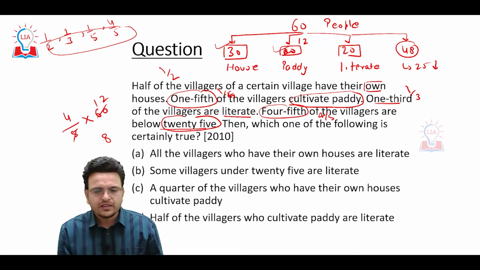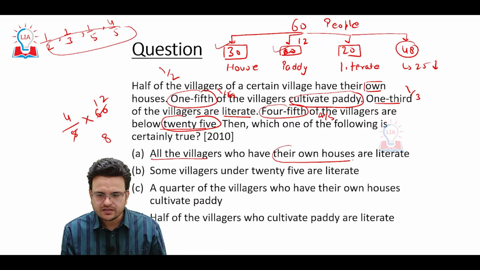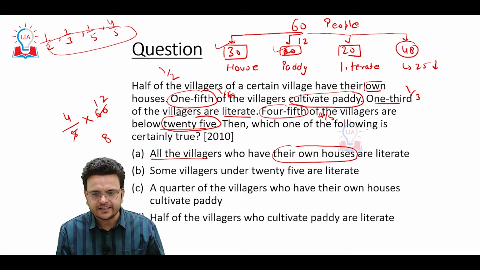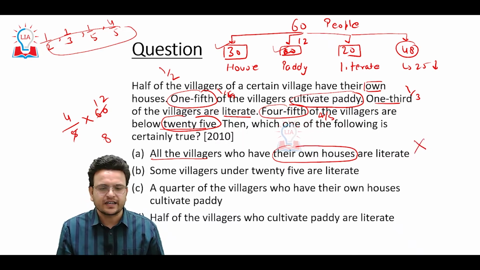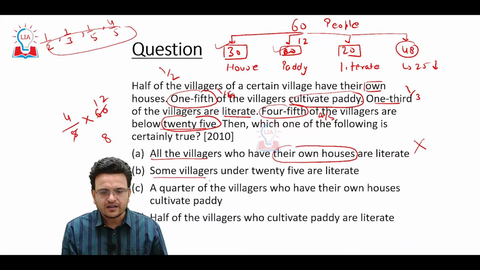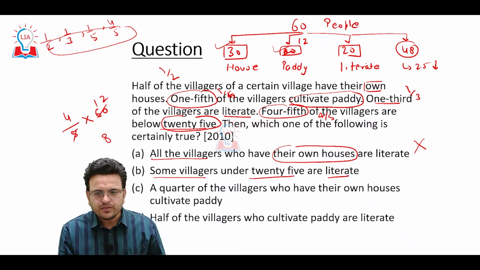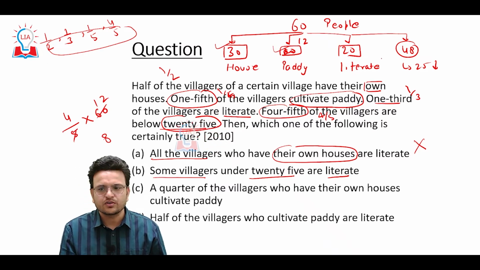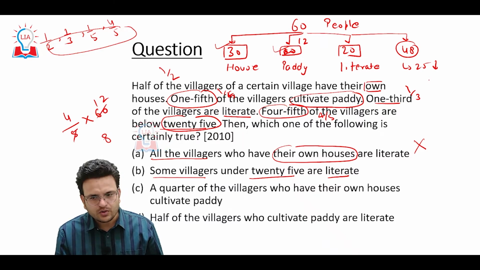All the villagers who have their own house are literate. We know literate are 20, and the people who have their own house are 30. The statement is incorrect. Some villagers under 25 are literate. That is a possibility, because maybe there are 48 villagers who are below 25.